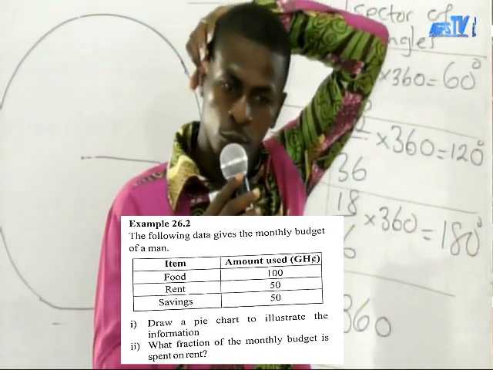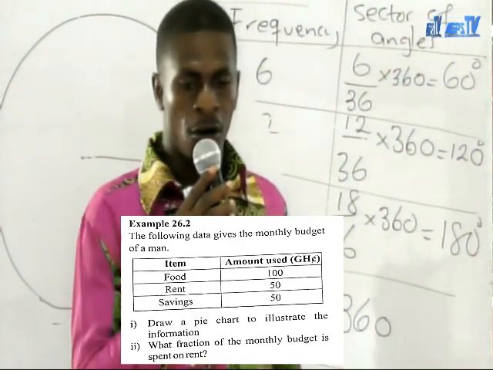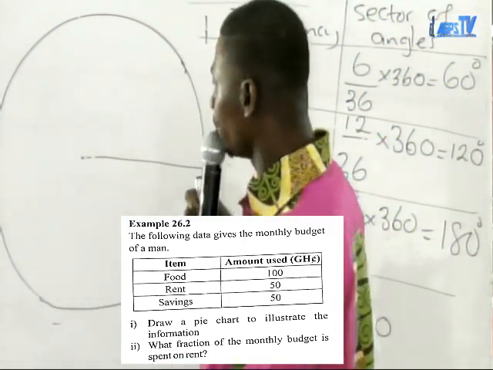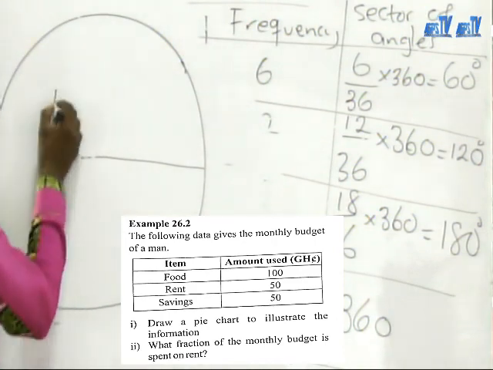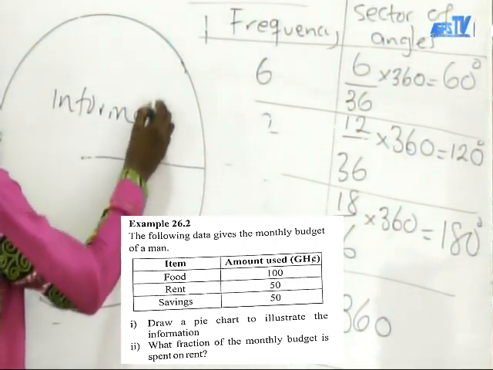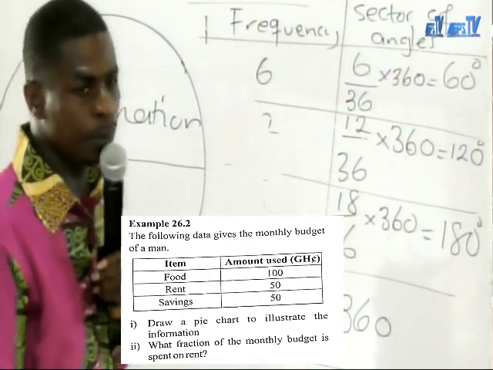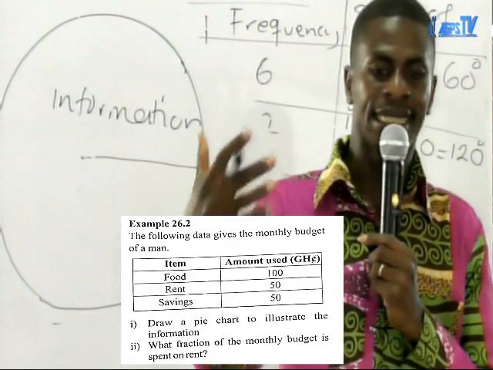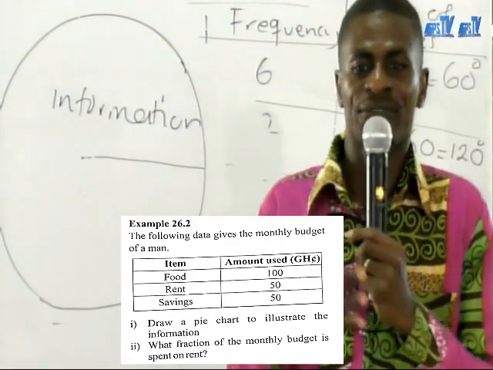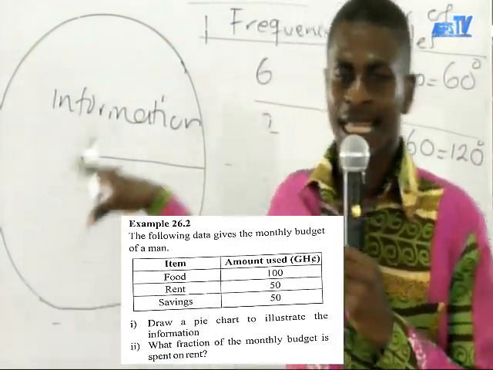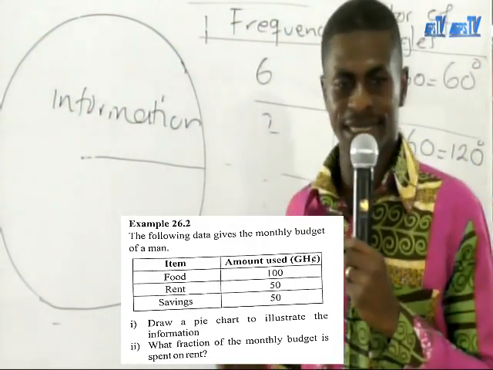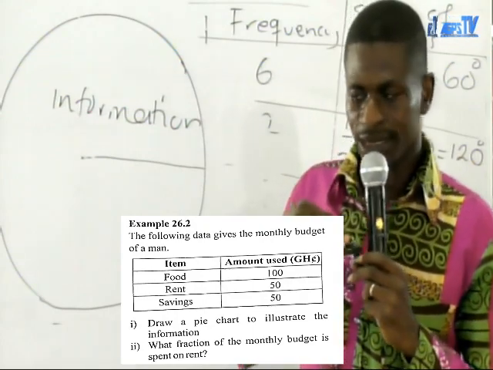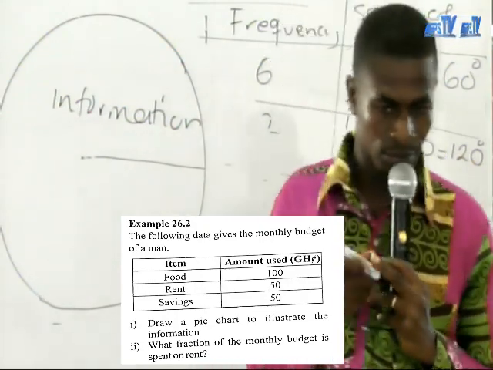And so if I want to draw a pie chart for the information that is being given, don't forget that anytime they use information, information simply means processed data. It means that the data has been simplified or processed, unlike the raw data, where we just take the information. But when we say information, it means that we have done something with that information. And so that is the difference.